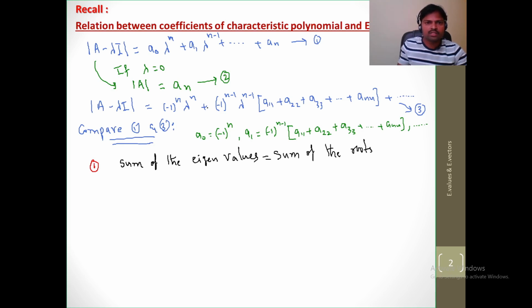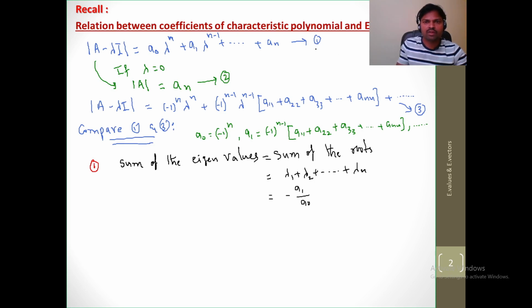Here, since it is an nth degree polynomial, n roots exist for this polynomial equation. So those n roots are, assume, lambda 1, lambda 2 up to so on lambda n. Then the sum of the roots becomes lambda 1 plus lambda 2 plus up to so on plus lambda n. So this is the sum of the roots, indirectly the sum of the eigenvalues, right? And this one is nothing but minus a1 by a naught.